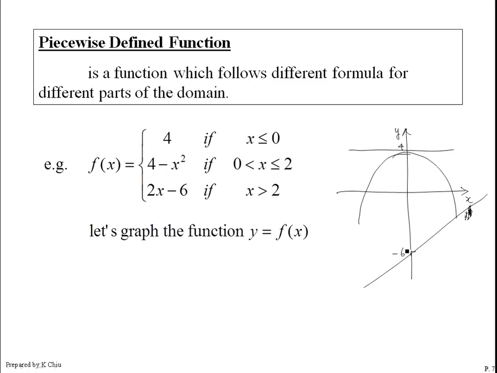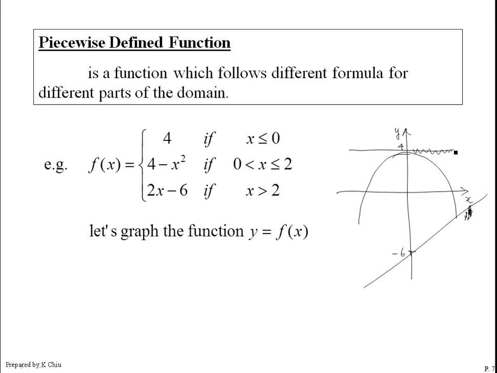We are going to wipe off that part. Now this is just the draft. Later on, you need to redraw the whole thing. But we wipe off the right side of y equals 4 because we only use it when x is less than or equal to 0.